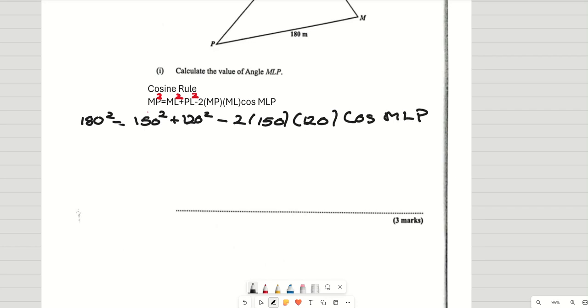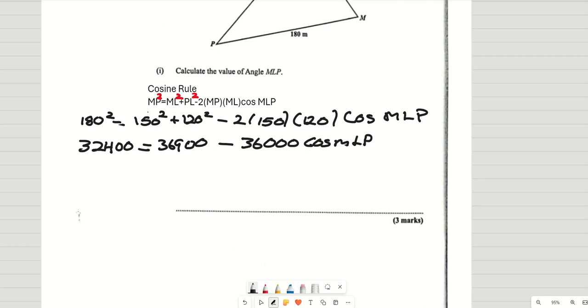That would be 32,400 is equal to 36,900 when you add up 150 squared and 120 squared, minus 36,000 cos MLP.